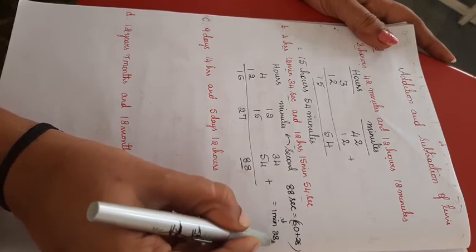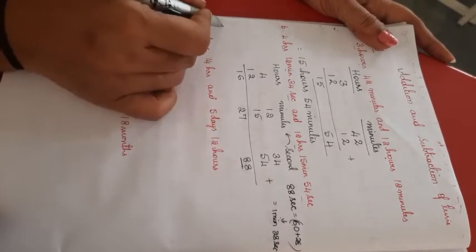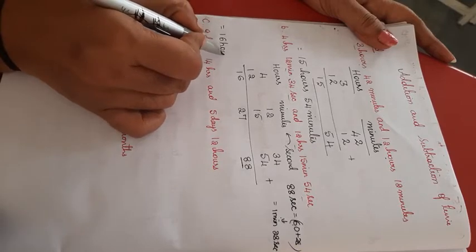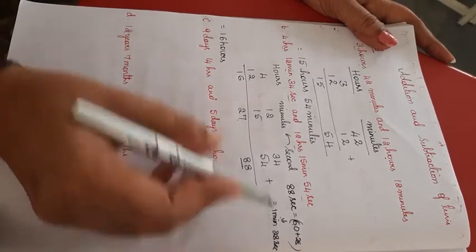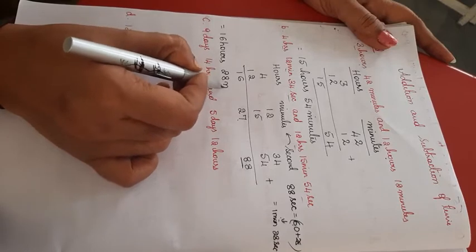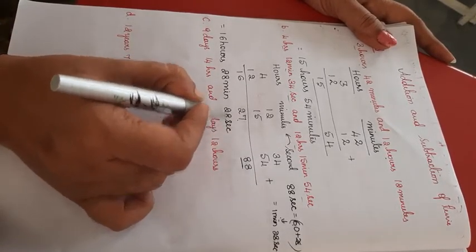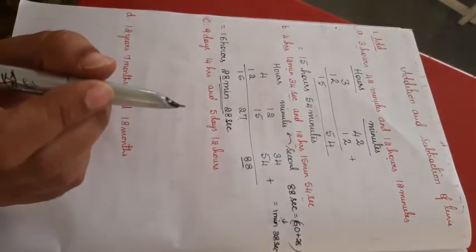So the answer is 16 hours, 27 plus 1 is 28 minutes, and what is remaining? 28 seconds.